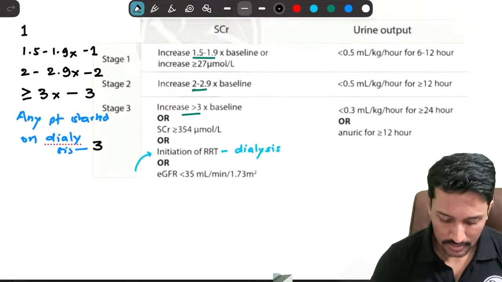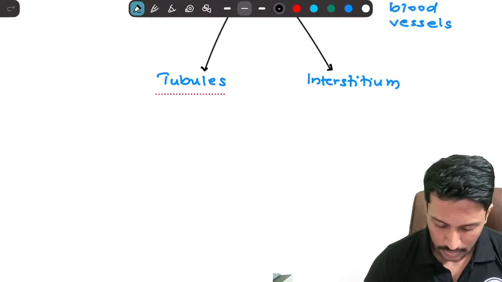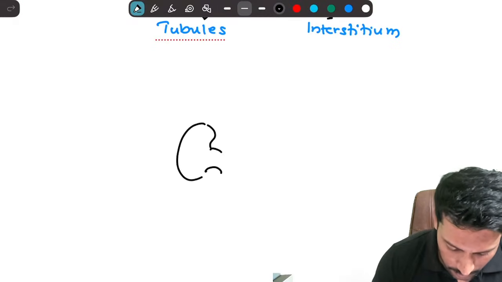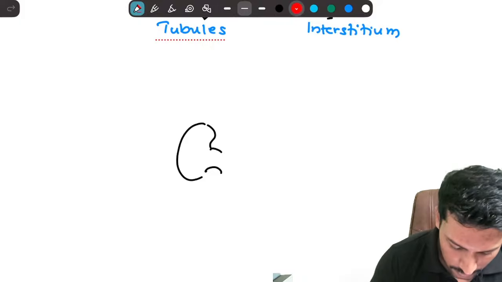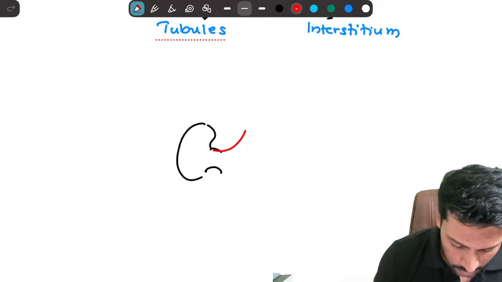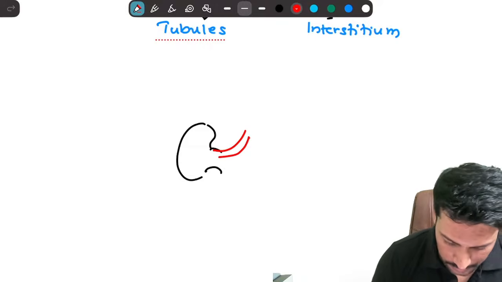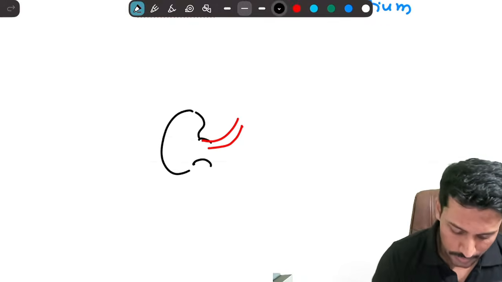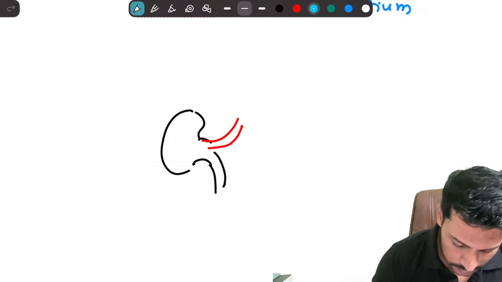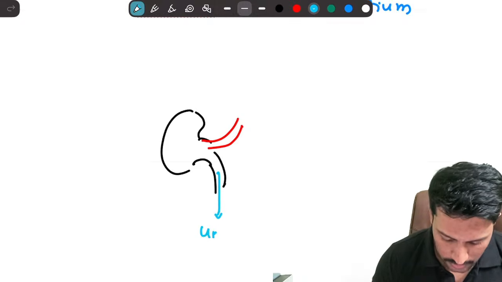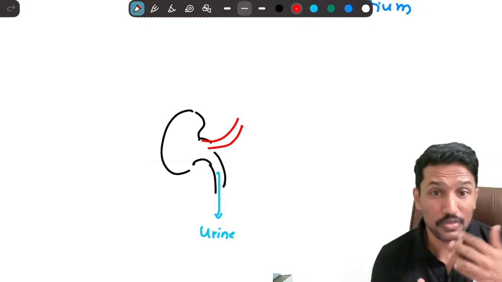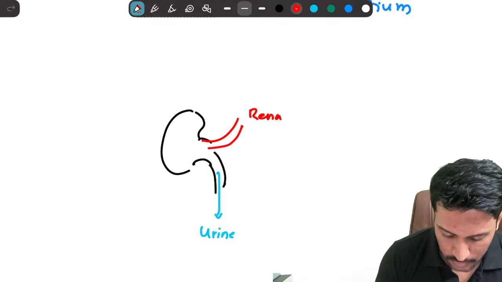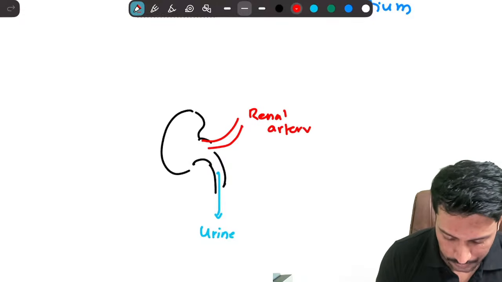So for understanding that, we need to have a fair idea about renal functioning. So we know that kidneys primarily receive the blood supply from the renal arteries, filter the blood, and produce what we call urine. So urine is the end product, and to produce that urine, we need to have a good blood flow to the kidneys, which comes through the renal arteries.